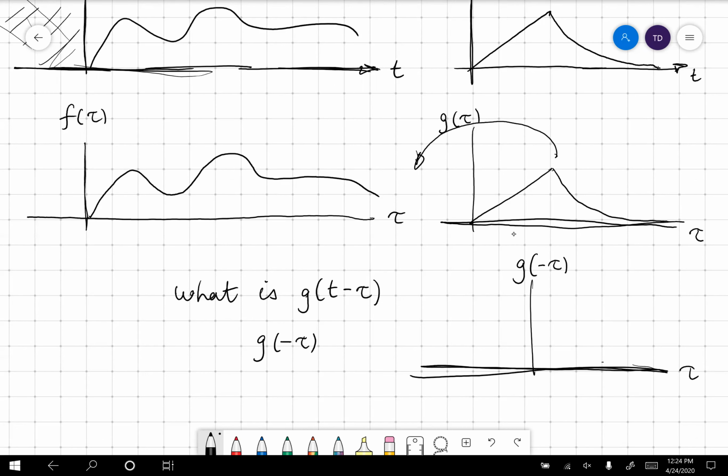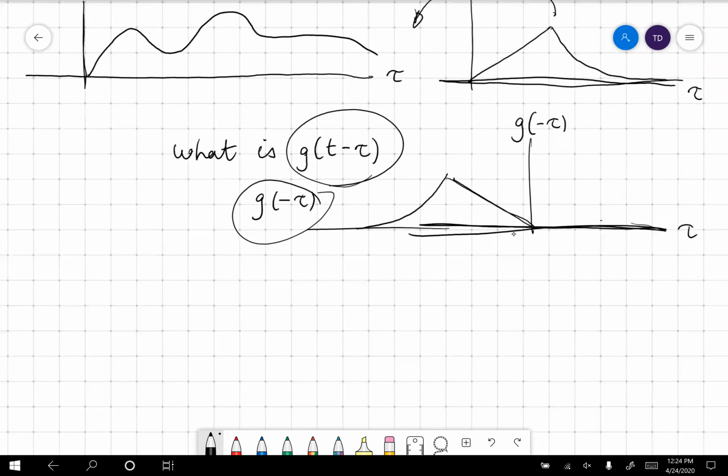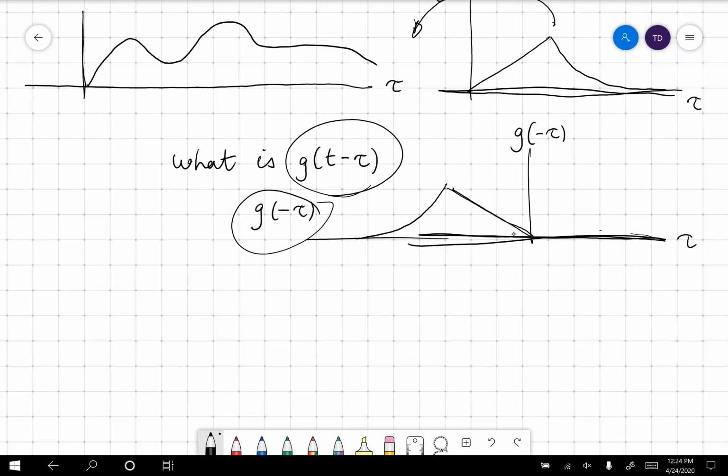I still have this tau axis, and now it looks like this, and then that. So it's flipped over. One more step: now I change the inside to g of t minus tau. And so g of t minus tau looks like the following. I'm going to draw it for any t, still on the tau axis.